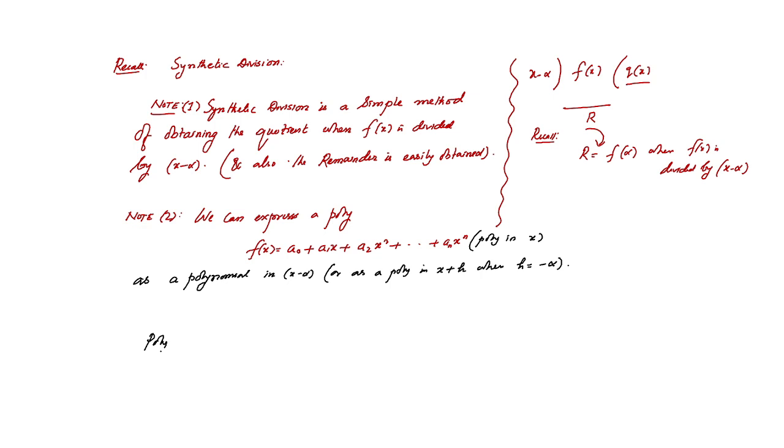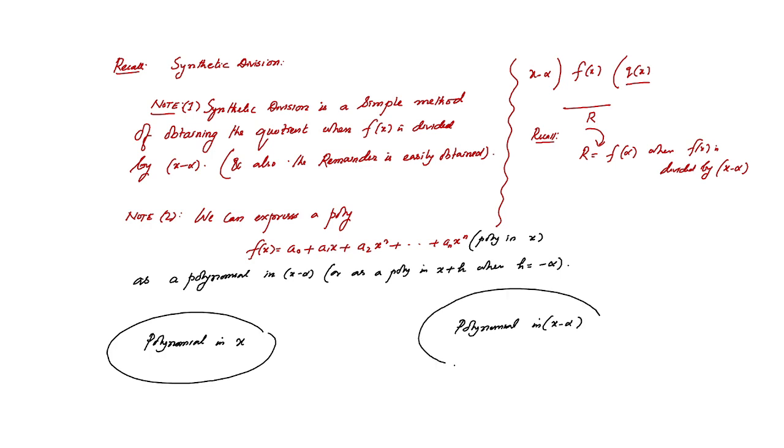So that means you are given a polynomial in x. From that you try to establish a polynomial in x minus alpha. How is it possible? It is possible with the help of synthetic division.